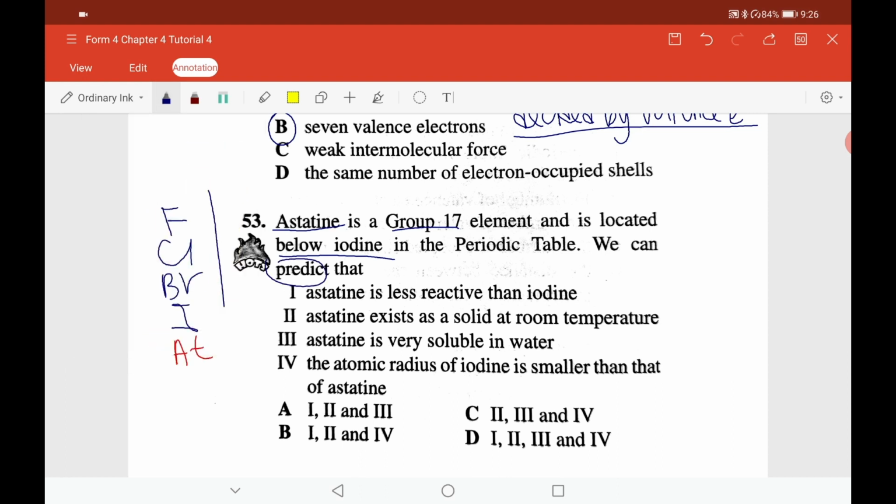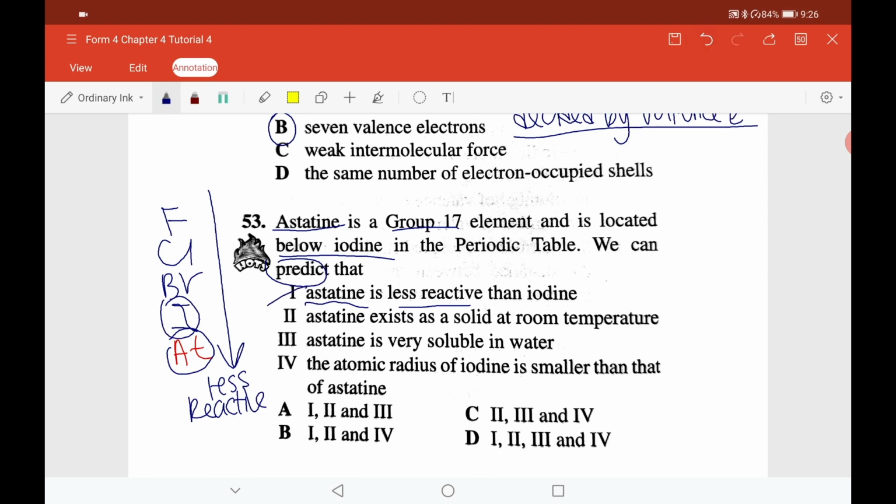Going down the group, astatine is less reactive than iodine. This is correct because we know group 17, going down the group, becomes less and less reactive. Astatine is lower than iodine, so astatine is less reactive. So answer 1 is correct.